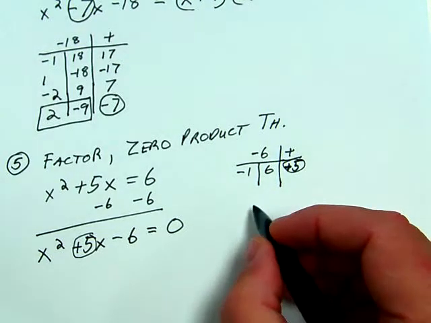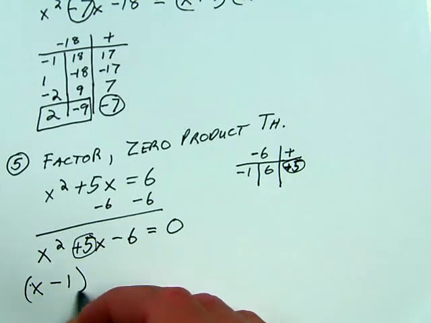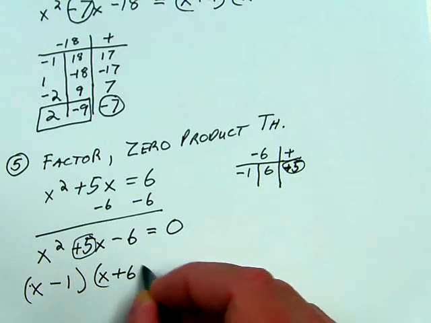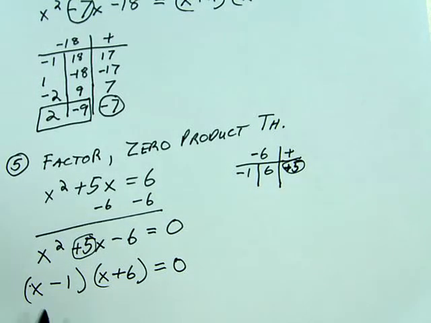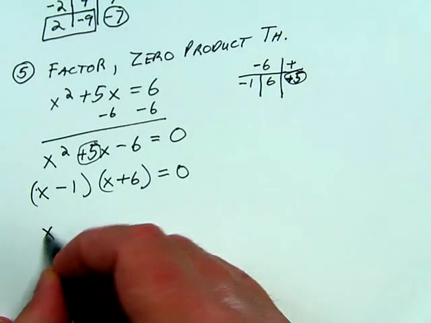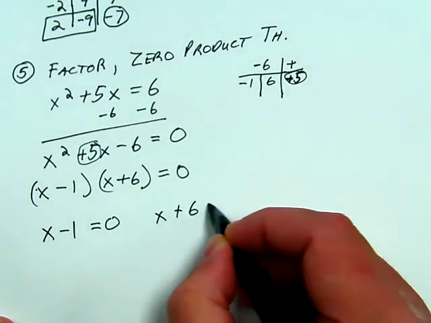So I now know that I can say that this factors to x minus 1 times x plus 6 equals 0. And once you have that, I can use the zero product theorem to set each half equal to 0. So x minus 1 is equal to 0, and x plus 6 is equal to 0.